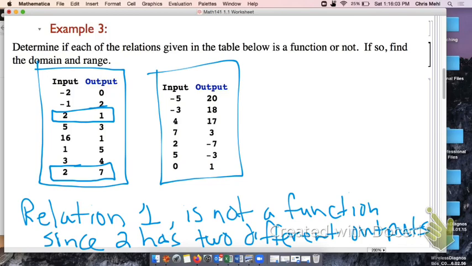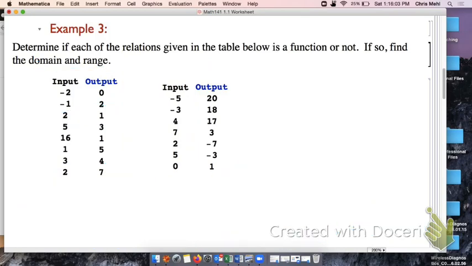Now relation 2, if you look at the inputs that you have on the left, you're going to notice that no input repeats itself. Just for example, even if one did, if I had -5 and the output was still 20, actually let me clear all strokes for just a second. So I'm focusing on this relation. As written, you see that I have all unique inputs.